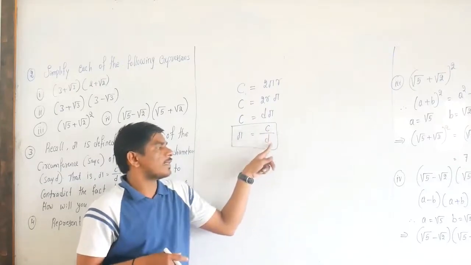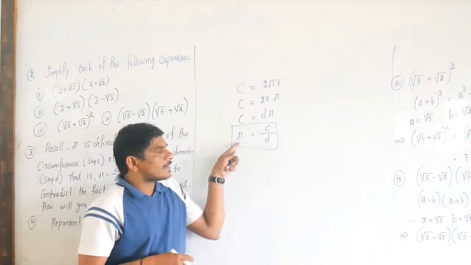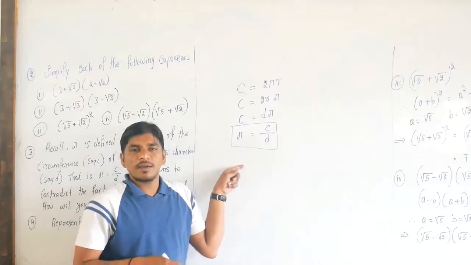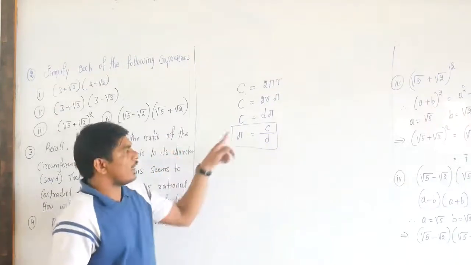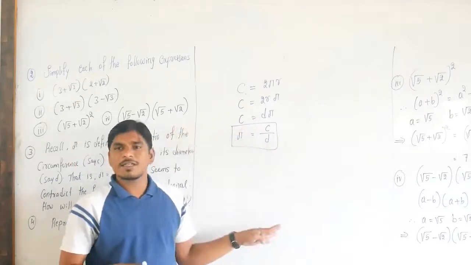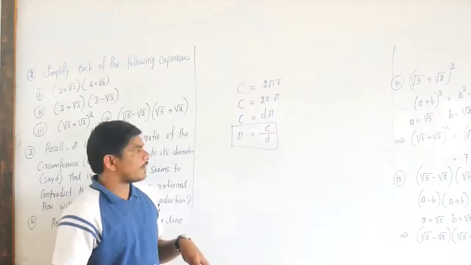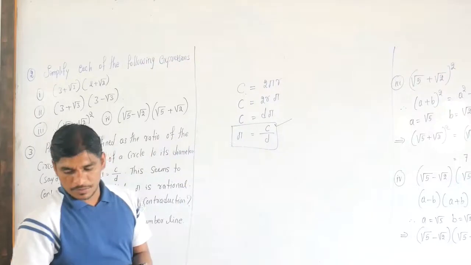C by d is a rational number but not the exact value of pi, because pi is an irrational number. We consider it only approximately. That's why pi is equal to C by d is formed.